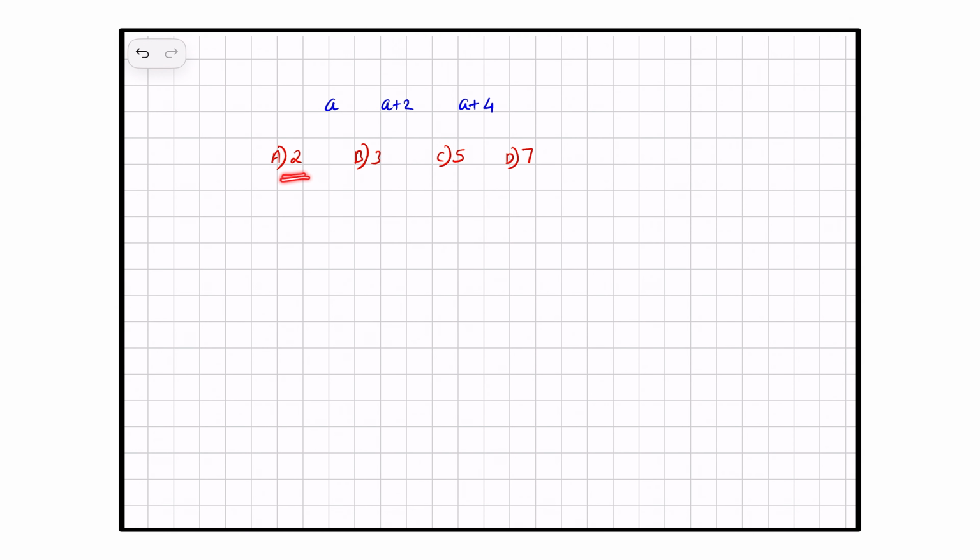If option A, that is 2, can divide any of these numbers, then that is a correct answer. Once more, let's assume that option 3 is the correct answer. That means 3 will be able to divide either a or a plus 2 or a plus 4. Similarly for 5 and 7.